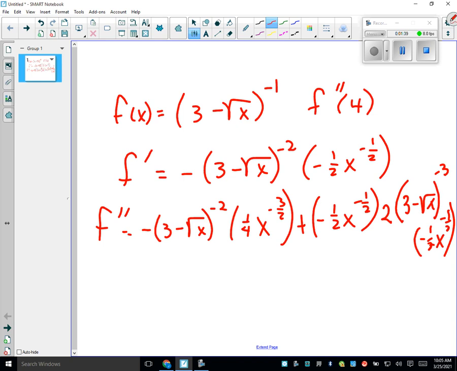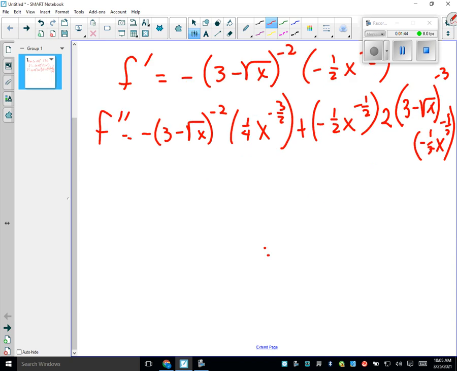Okay, I'm going to clean this up just for a minute before I plug in. Isn't this negative 1/4 x to the negative 3/2 times 3 minus radical x to the negative 2? It's backwards.